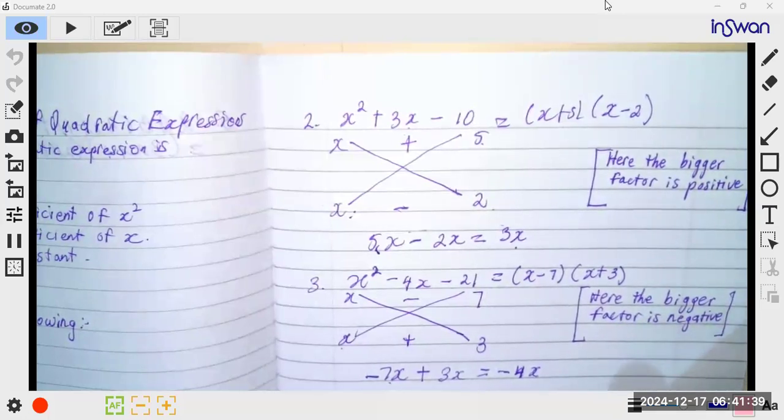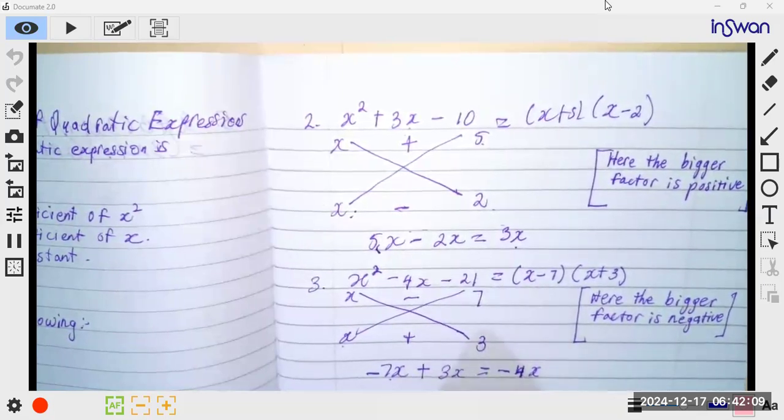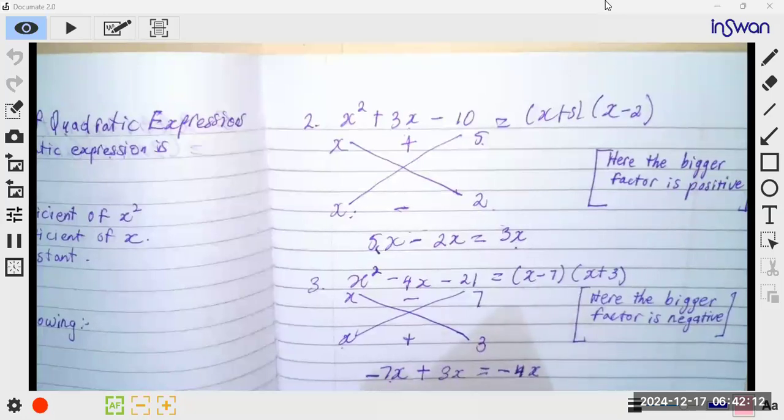Both factors are negative. So let's go with this now. As usual, what times what gives us x squared?